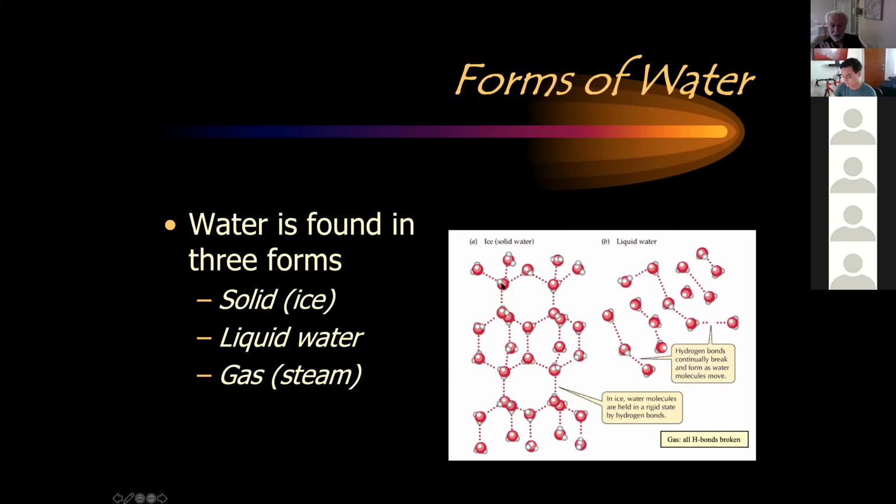In ice, every water molecule is bonded to at least one other water molecule. In liquid water, there's some of each. Some water molecules are hydrogen bonded and others are floating free. Whereas if water is a gas, none of them is hydrogen bonded. So to remember that, in ice, it's all. In gas, it's none. And in liquid water, it's some of each.